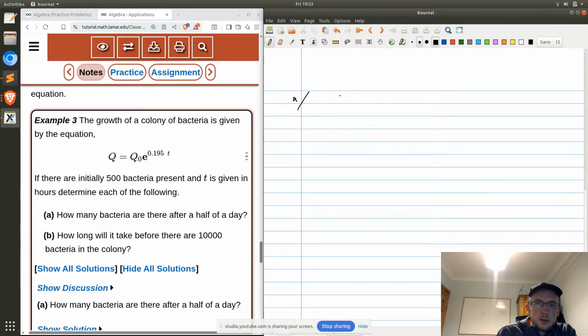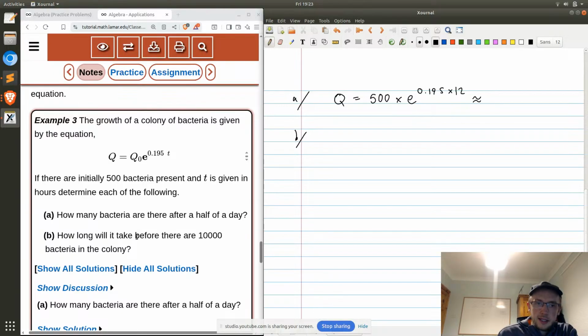Okay, so Q equals 500. That's the initial amount. Times e to the 0.195. Here, t is in hours, and so half a day means I multiply by 12. And it will be that many, but I'll compute in a second.